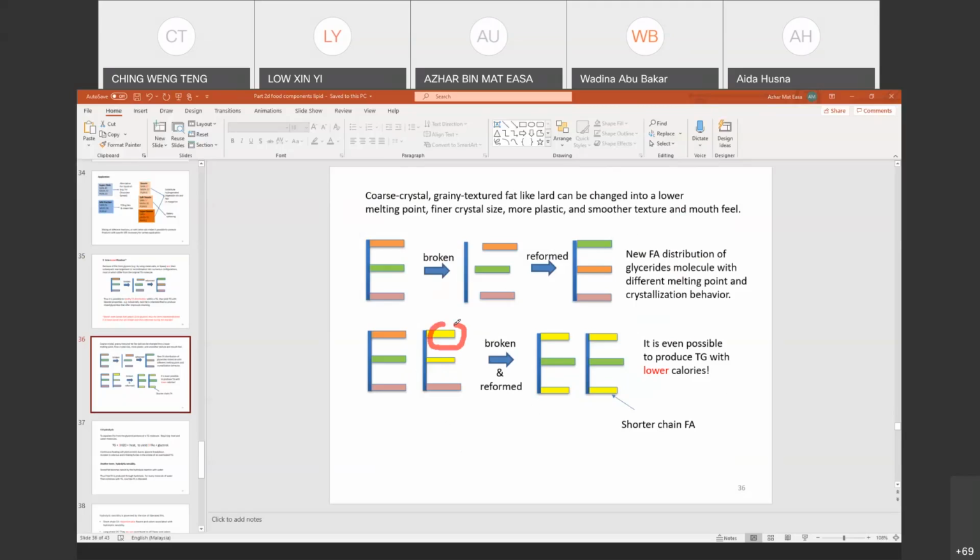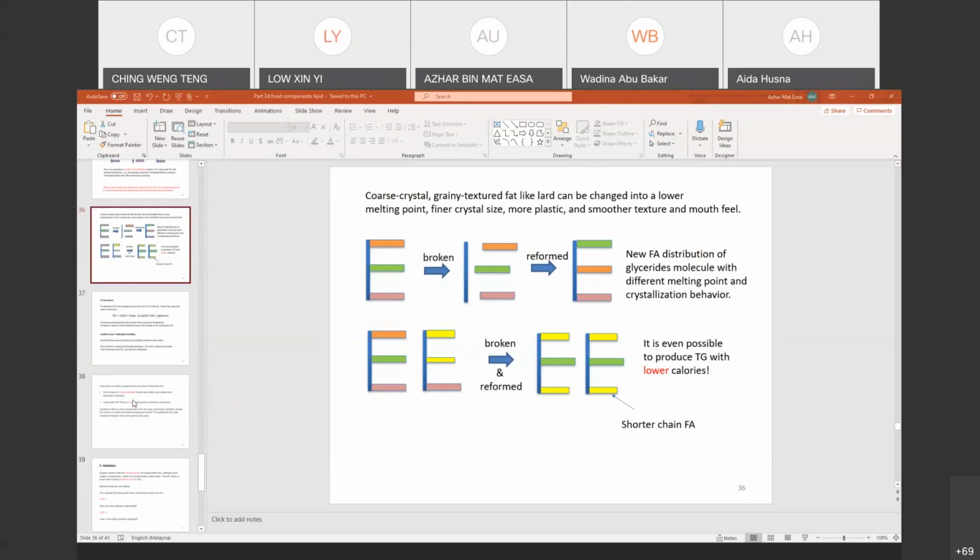This particular yellow one is the shorter chain, therefore lower calorie, and we transfer that to that fatty acid there. This one is high in calorie, so now it becomes lower in calorie. It is possible. The technologies are there. They're not going to reveal everything. Industry will keep the secret to themselves.